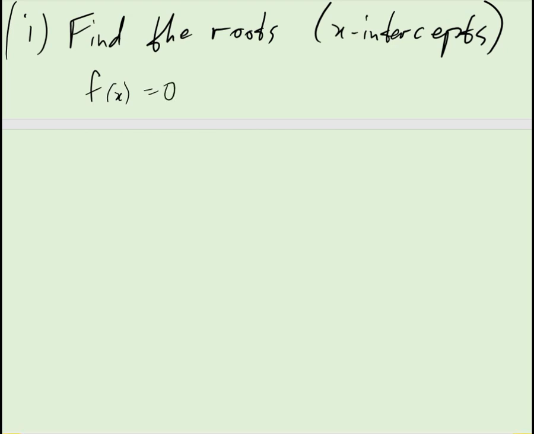Before we can even do this, we need an actual problem to solve. So let's use f of x is equal to x cubed minus 4x squared plus x plus 6.